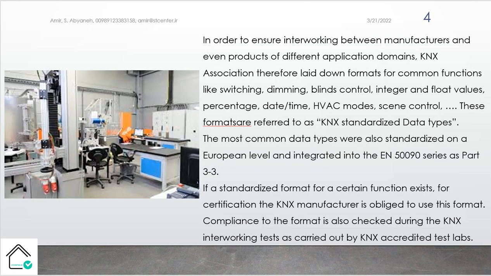In order to ensure interworking between manufacturers and even products of different application domains, the KNX Association therefore laid down formats for common functions like switching, dimming, blinds control, integer, float value, percentage, date and time, HVAC mode, scene control, and many others.